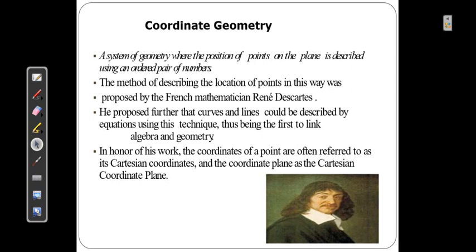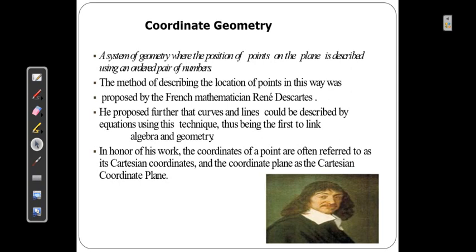Again, it is a system of geometry where the position of points on the plane is described using an ordered pair of numbers. The method of describing the location of points in this way was proposed by the French mathematician Rene Descartes. That's why it is called Cartesian coordinates or the Cartesian coordinate plane. See here, Rene Descartes.